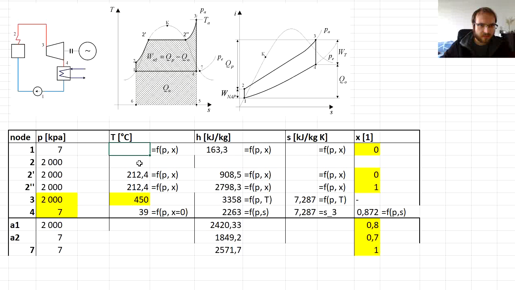Now we're also missing the temperature here, but the temperature needs to be the same as at point 4 because it's a single component working fluid that just condenses, no pressure losses, so the temperature stays the same.